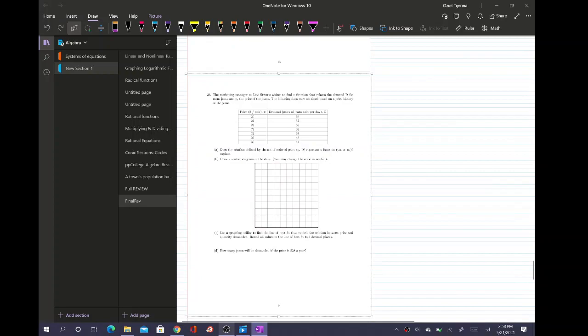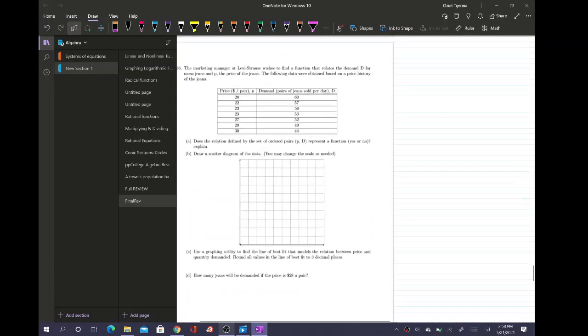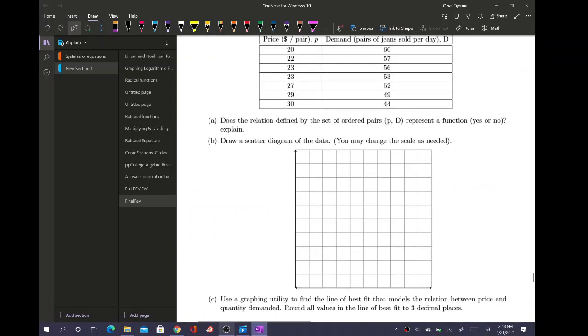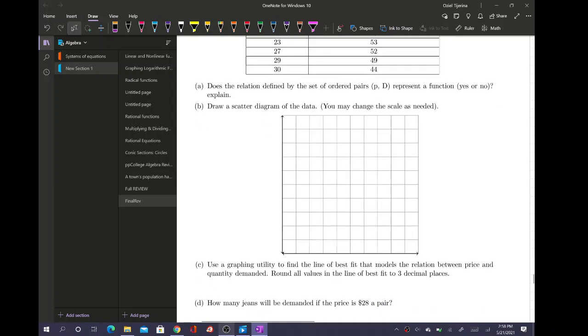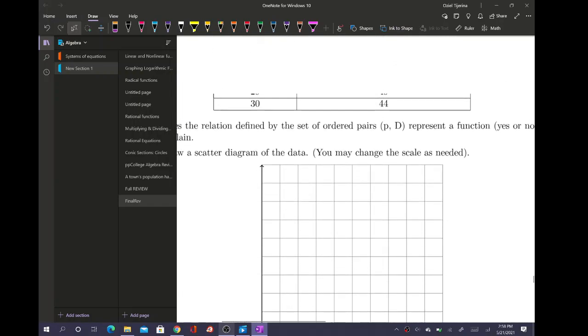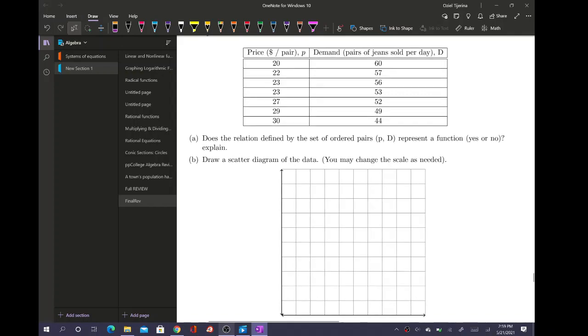I'm assuming they're not asking for exact numbers, but they want us to at least know roughly, because of how much it would be counting by.